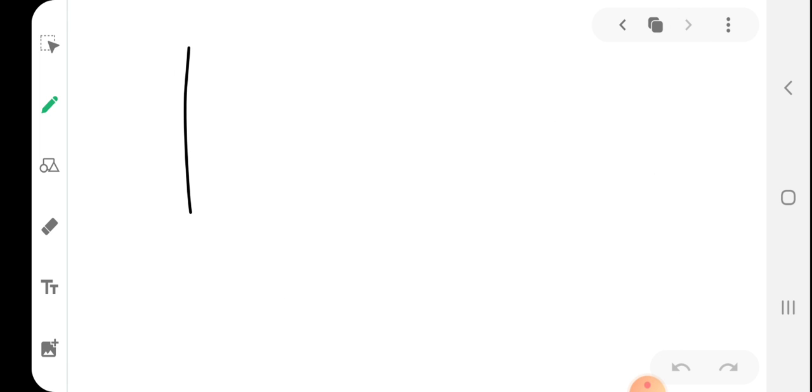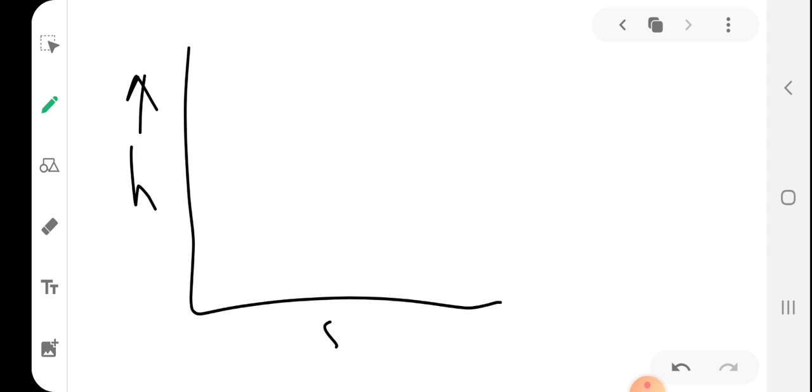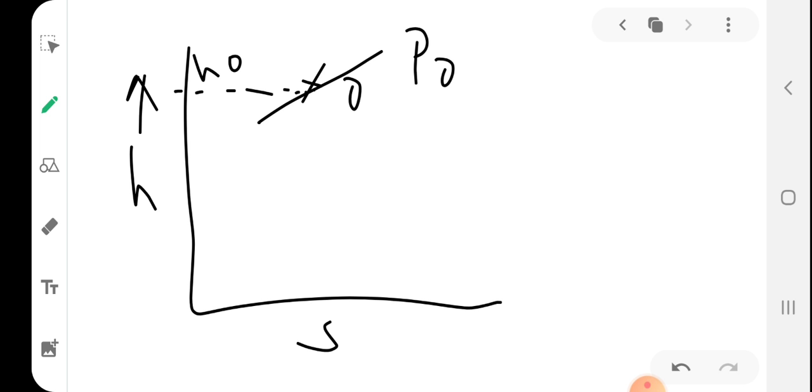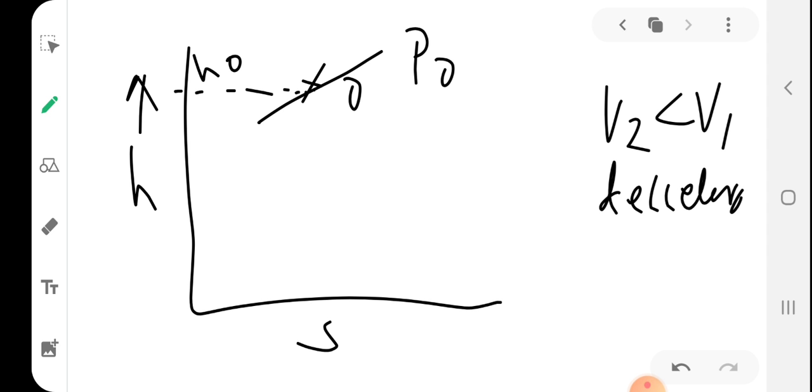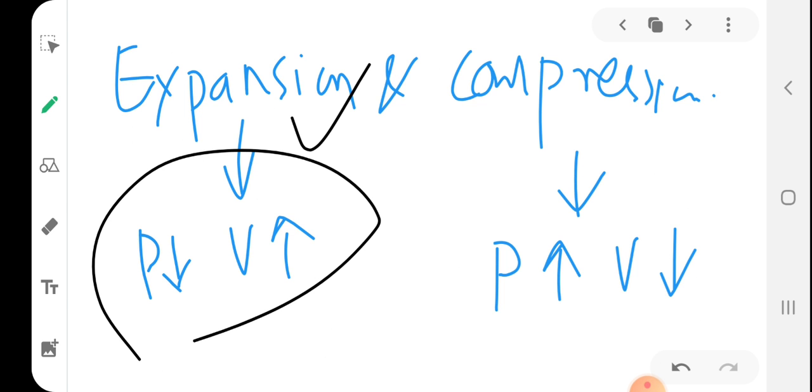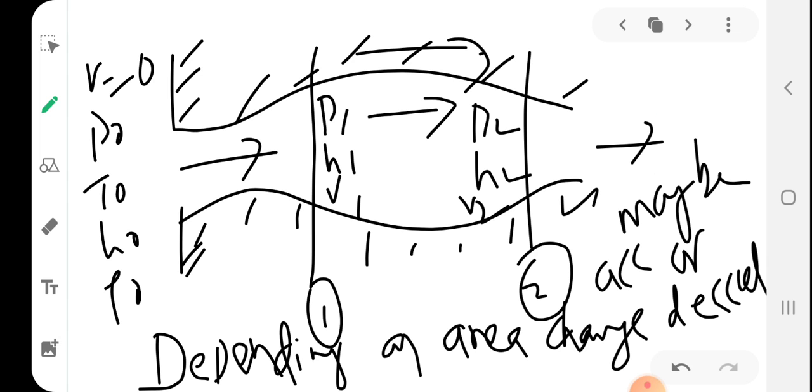Now just think of another case, HS diagram, H0. So this is P0, this is H0, and suppose V2 is less than V1. V2 less than V1 means decelerating flow. So here we are having a decelerating flow.